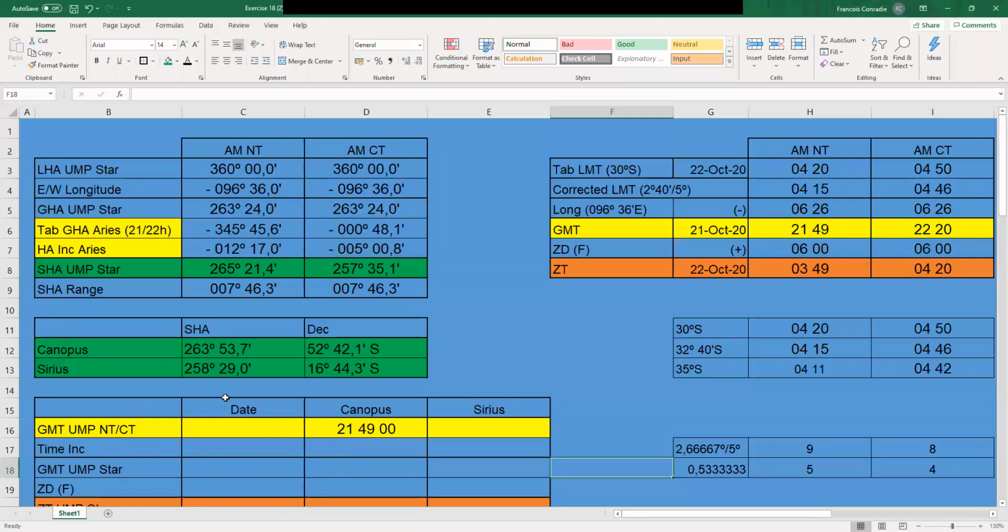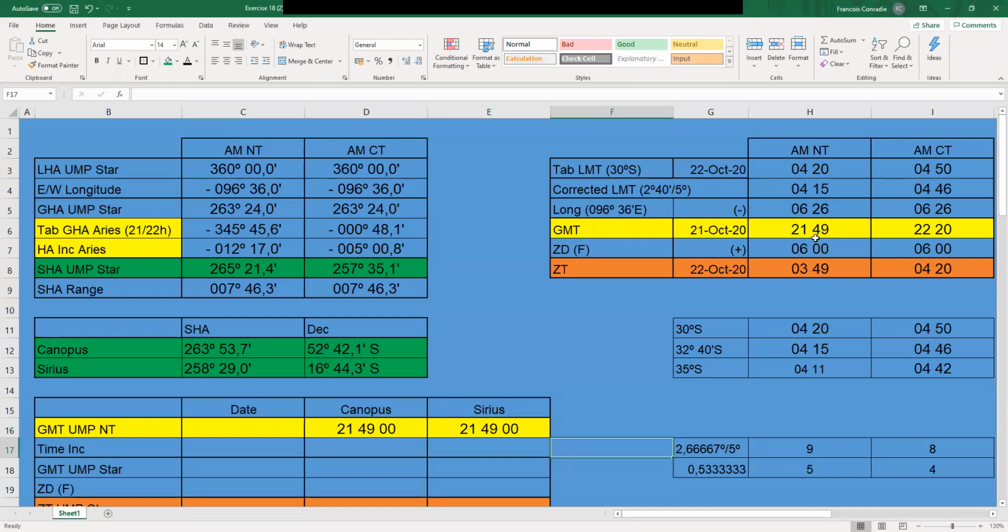Actually, we can take civil out because we're not going to use that. We're just going to use nautical as the base. For nautical, that time is 21:49, and we're going to bring that exact 21:49 down here, and the same over here. In both cases, we use the same starting time, 21:49.